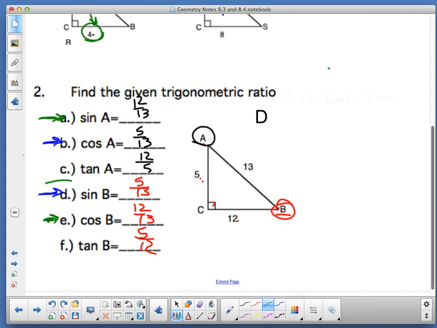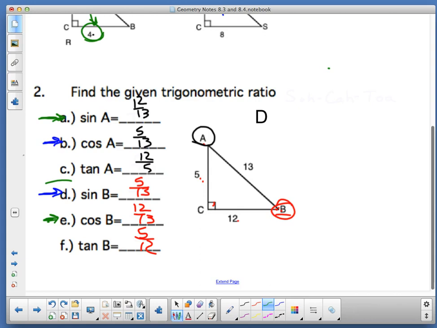When two angles add up to 90, their sine and cosine respectively are the same value. It's called cofunctions. So if I knew the sine of 20, the cosine of 70 is the same value. And if I knew the sine of 4, the cosine of 86 is the same value.